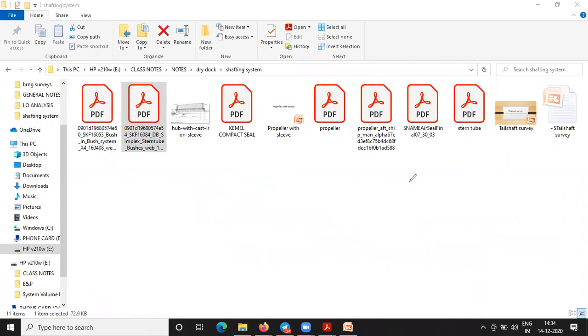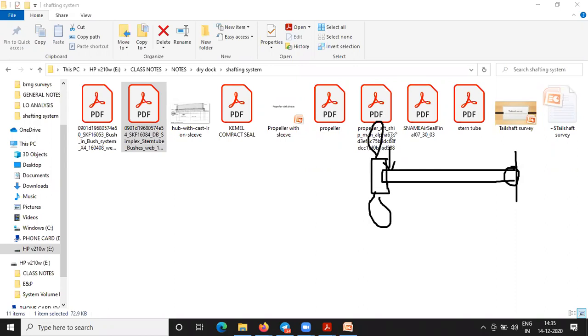Cantilever in the sense that if it is just a rod like this, we have a weight here. This is a cantilever because it is only supported at one point, the other point is free, and we are putting a propeller here, which is like adding a weight at this point.